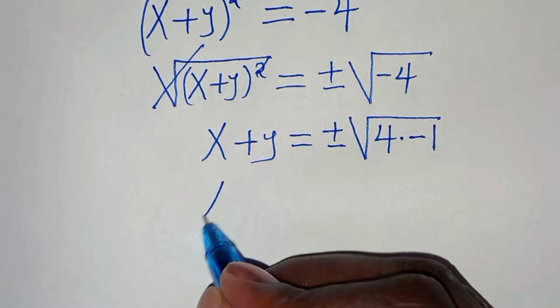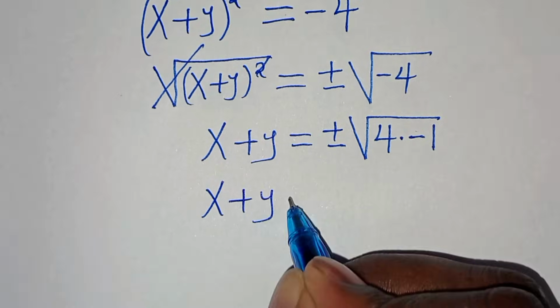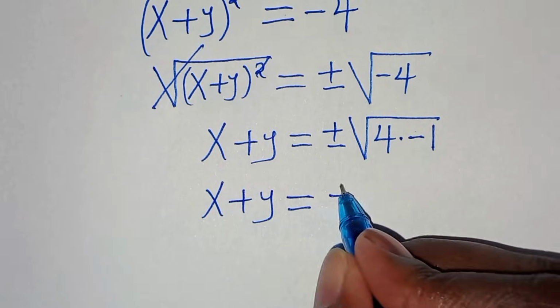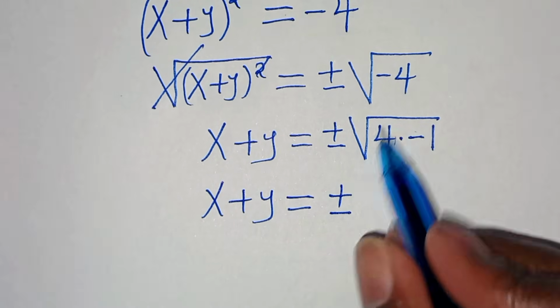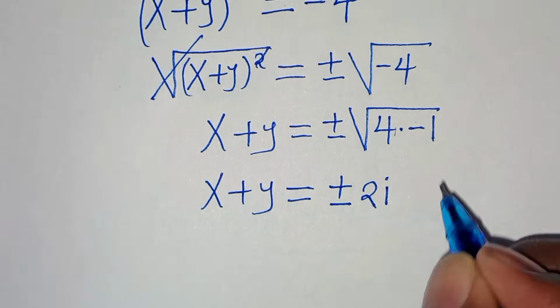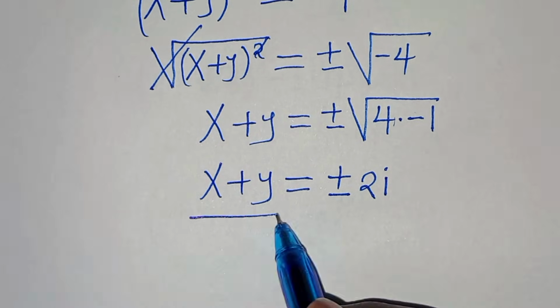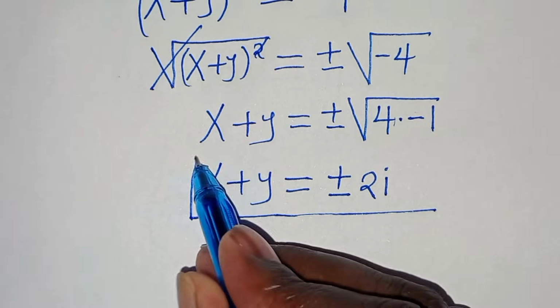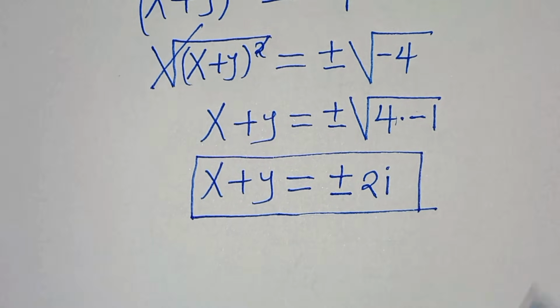So x plus y is equal to plus or minus the square root of 4, this is 2, then the square root of minus 1, this is i. So we have again here x plus y is equal to plus or minus 2i.